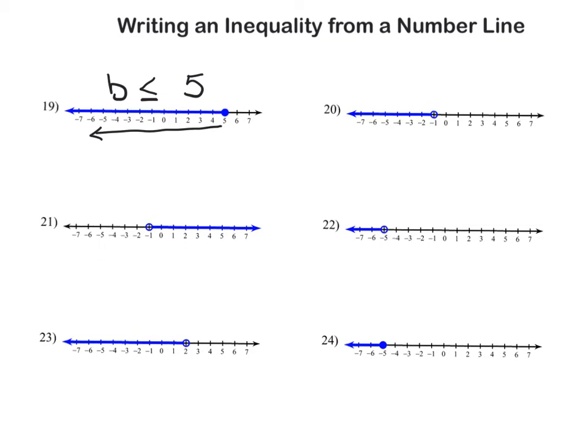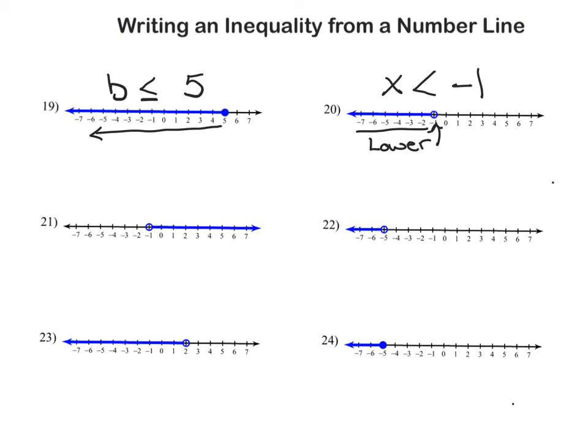So next, once again, looking where this line is, you can pick whatever variable you want. I'm just going to use x for this one. And it's circled -1, so I'm going to put -1. It's going to lower numbers. So I'm going to say that x has to be less than -1. And I also notice it's an open circle, so there's no equal to sign.